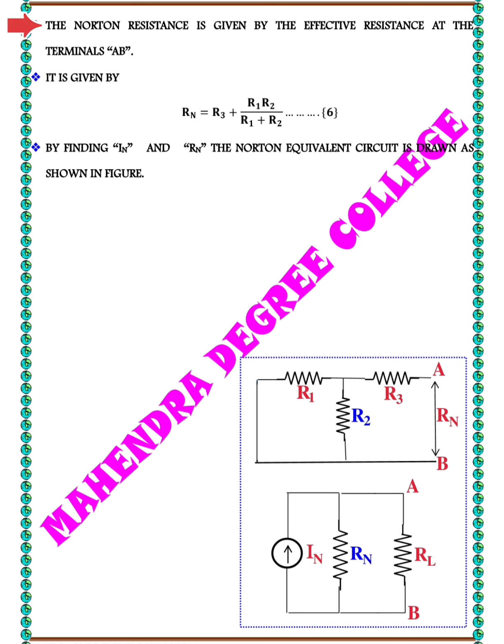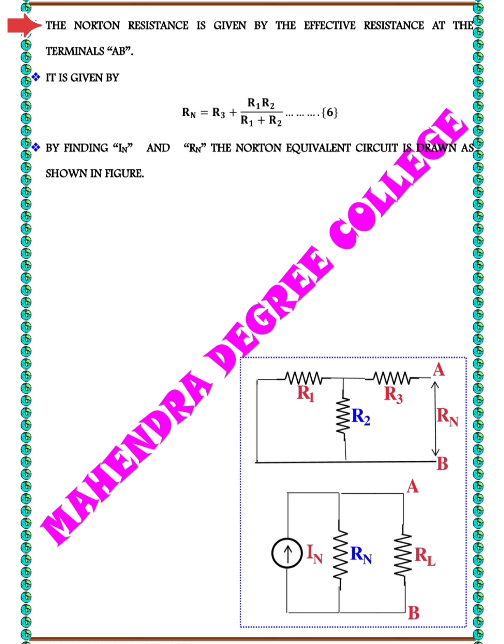The Norton resistance is given by the effective resistance at the terminals AB. Simply, the Norton resistance, also known as the output resistance or internal resistance, is the effective resistance seen at the terminals AB when Norton's theorem is applied to a circuit.